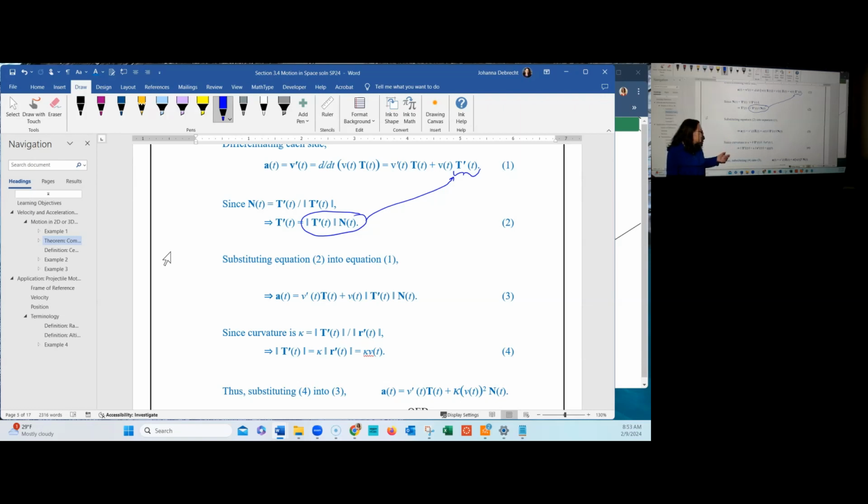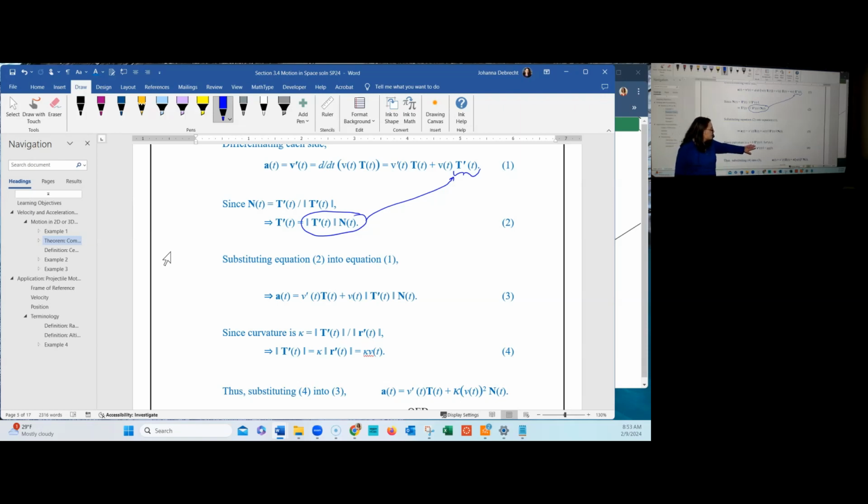Now, at this point, we want to go back and pick up one of our formulas for curvature. Remember, curvature is given with the Greek letter kappa, and for a circle, the curvature is the reciprocal of the radius. And the curvature at any point is given by that representation on the osculating circle at that point. So it's the reciprocal of the radius of the osculating circle at that point.